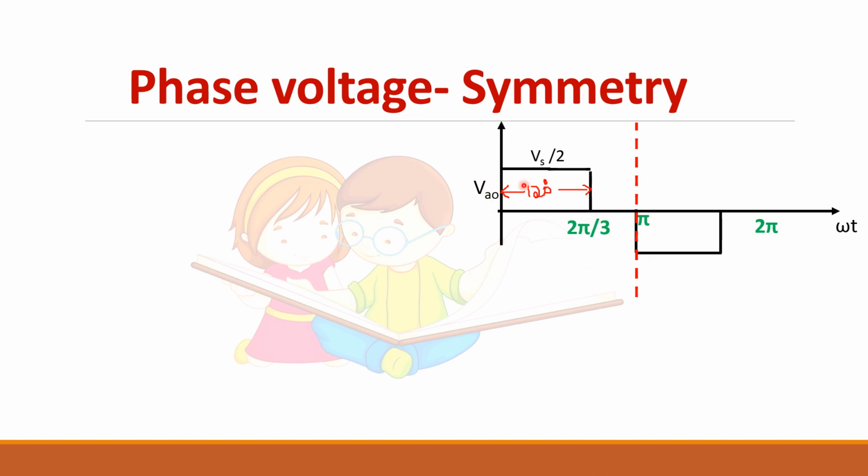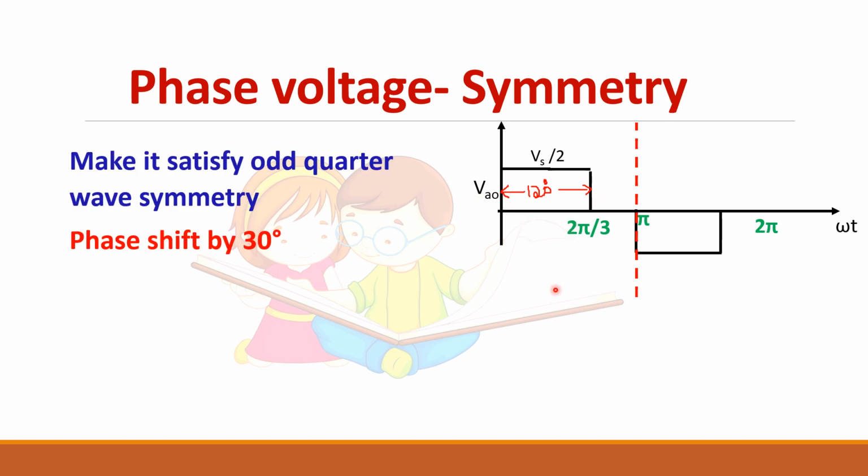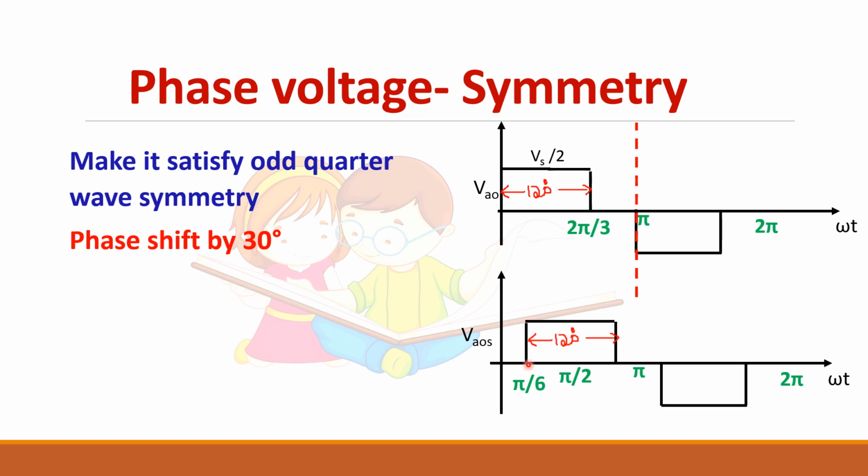Now how to shift this one? Shift this one by 30 degree. Okay. So if you shift this waveform by 30 degree, you will get this phase shifted waveform. So this S denotes phase shifted waveform. So you are simply shifting this one by 30 degree, and if you see the symmetry here, now you see this side and this side are symmetrical.